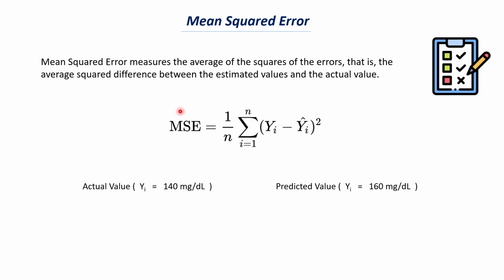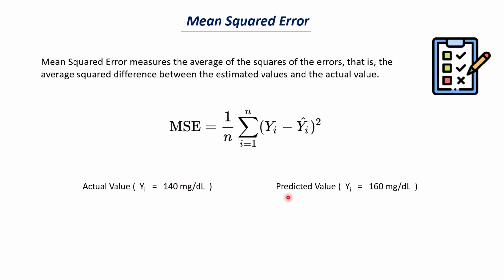If the mean squared error value is 0, that means our model is making accurate predictions, but that is not possible in most cases. The value that we get depends on the data set that we have and the problem we are solving. Let's say we are predicting the blood sugar level of a person, and the overall mean squared error that we get is about 10.5.